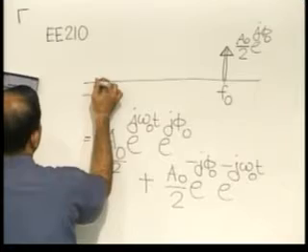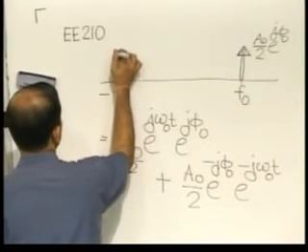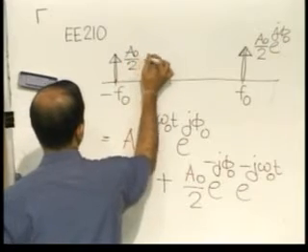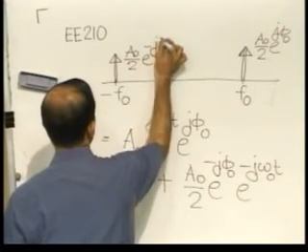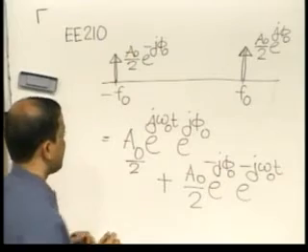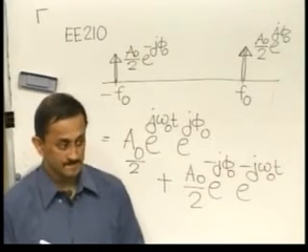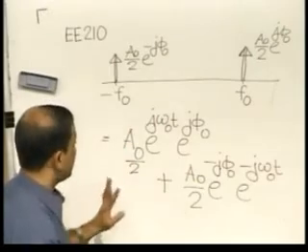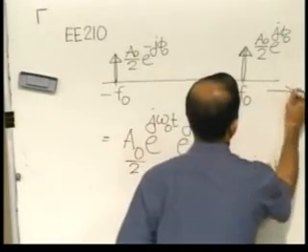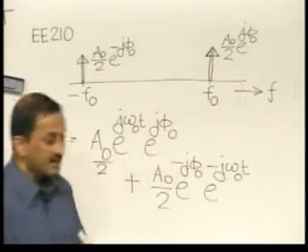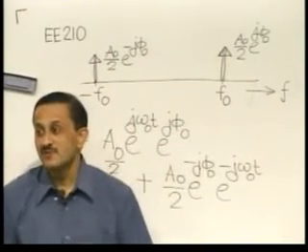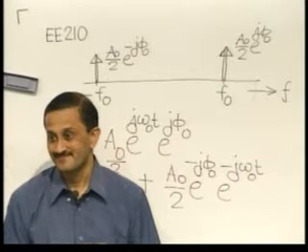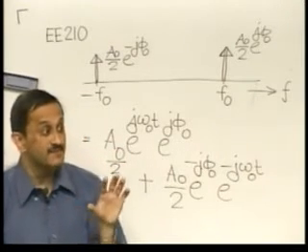And the strength here is A0/2 e^(-j phi0). Since I am working with Hertz frequency, there is no factor of 2 pi. That's why I said it's sometimes convenient to work in terms of Hertz frequency.